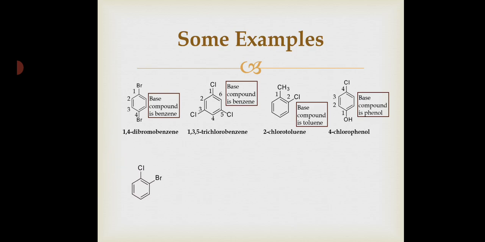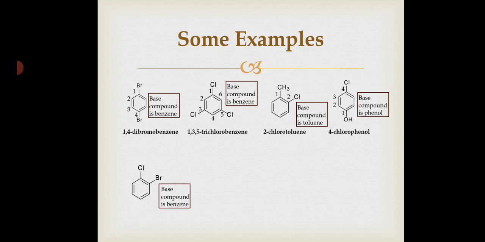Look at this compound. Again, in this compound, the base compound is benzene. Now, you have two halo groups, bromo and chloro. Who gets preference? Go to the priority table of video 8.